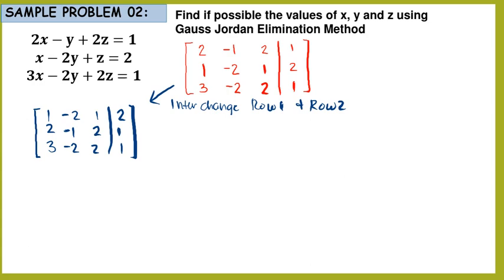And for that, we have for row 2, to make our element here 0, we need to multiply negative 2 doon sa ating row 1, then add our element doon sa ating row 2.